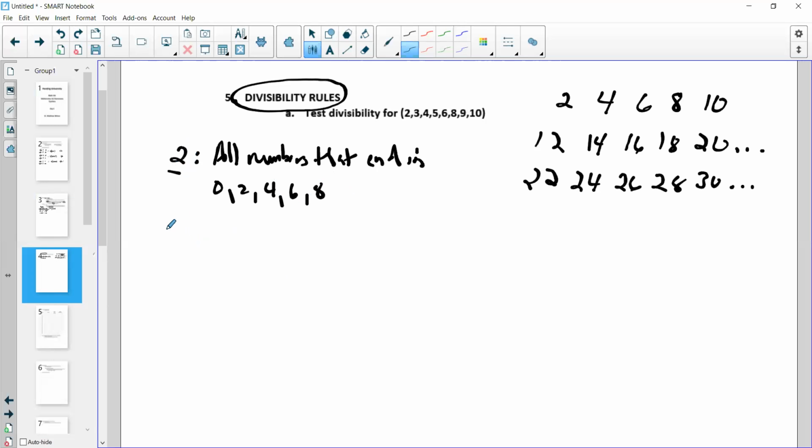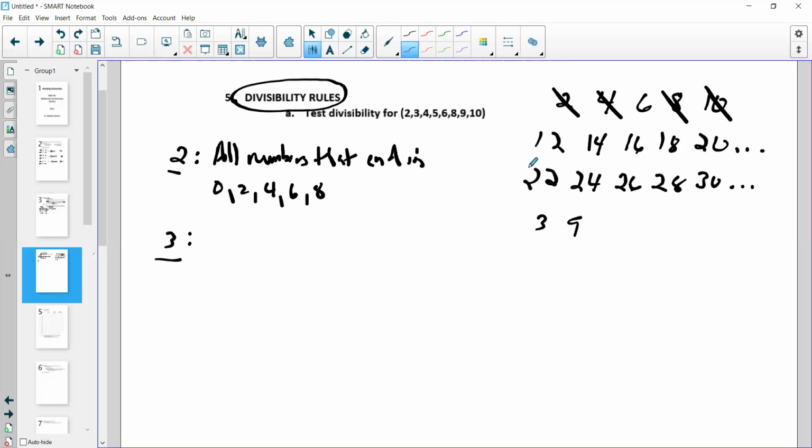So let's think about 3. We can look at some of the lists up here. What numbers are divisible by 3? Well, we can add some more in here because 3 is divisible by 3, not 2, not 4. 6 is divisible by 3, not 5, not 7, not 8. 9, it does divide 9.